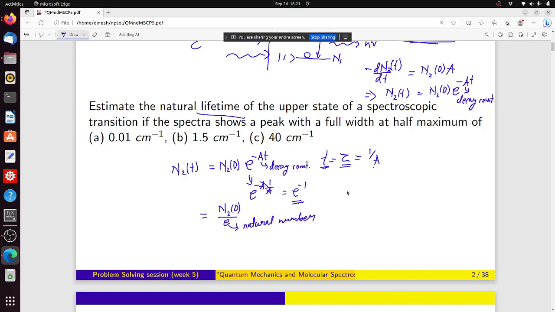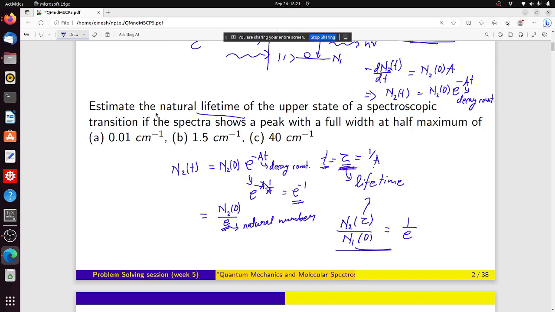So the time taken to decay by this factor from the excited state to the ground state is called the lifetime. Okay, so n2(tau) by n2(0) is nothing but 1 over e. Okay, so this tau is called the lifetime.